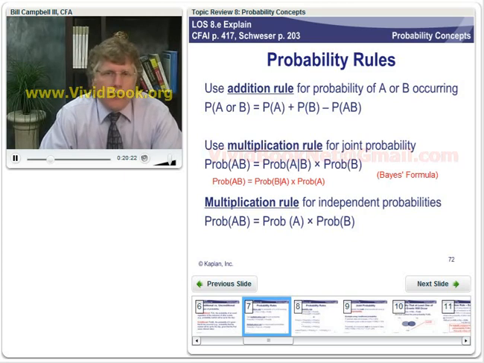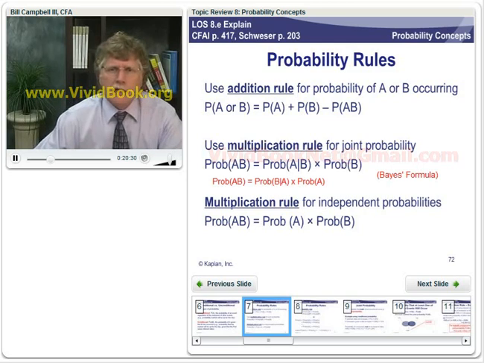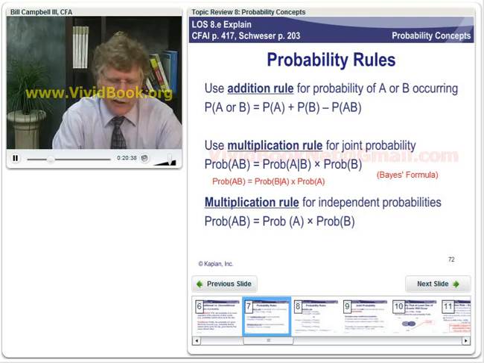Okay, the last rule that we have here is the multiplication rule for independent probabilities. Now this doesn't make a whole lot of sense at the moment. I'll explain why it does. I want you to add a little bit of text down here.